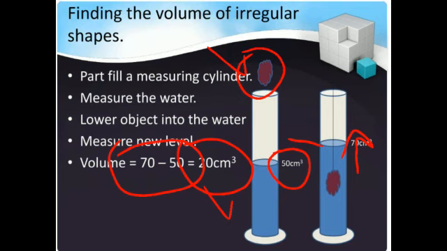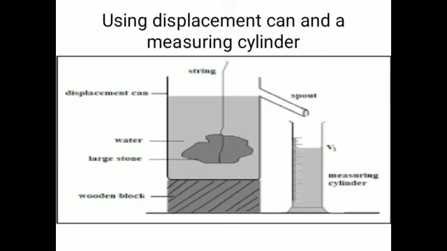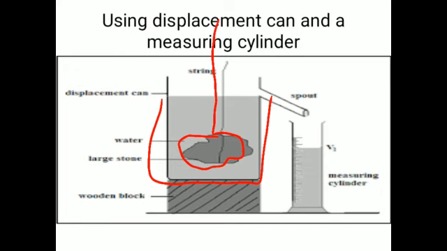This is not the only way to find the volume of irregular shapes. We have another method, using a displacement can. We take a known amount of liquid in this displacement can. Then we suspend or immerse the substance whose volume is to be known, and we put a measuring cylinder which can read the exact volume of the displaced water.